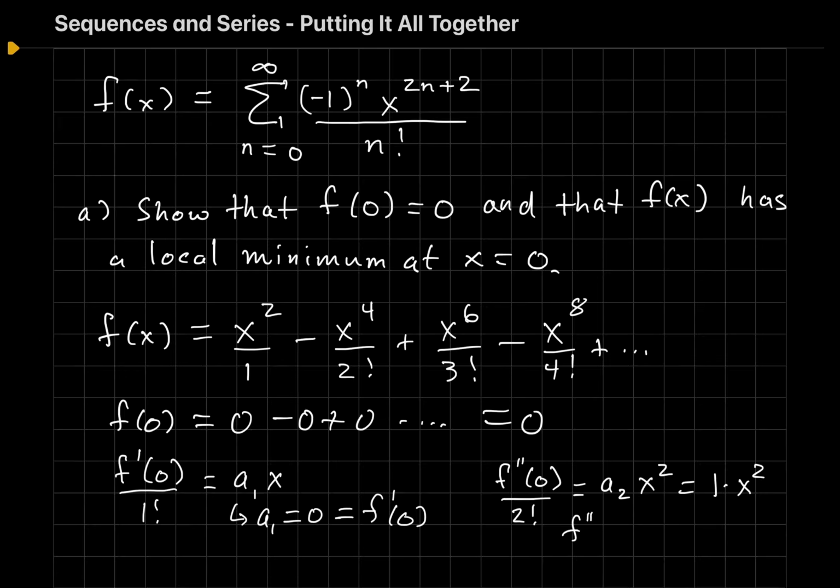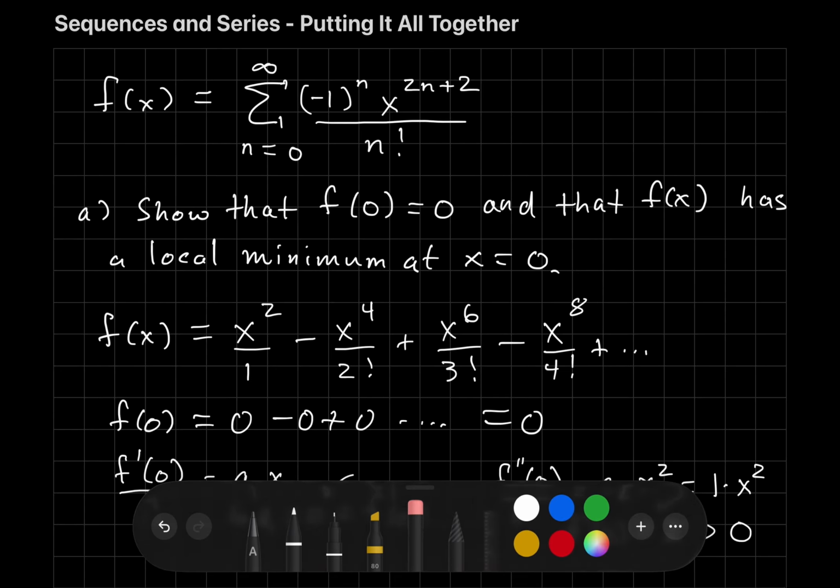Which means that f double prime of 0 is 2. What's important is that it is greater than 0. So by the second derivative test, if my derivative is 0 and second derivative is positive, then the function has a local min at that point. So now I will erase this to get my next problem up there.